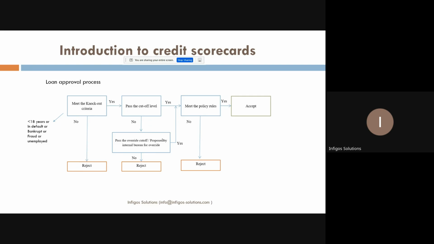So if you say exception situation qualifies for somebody, he will go here and policy will be checked and will qualify. Otherwise, he'll be rejected. So this is a loan process. Any question on this? Policy rules basically are very specific to banks, and different banks will have different policies.